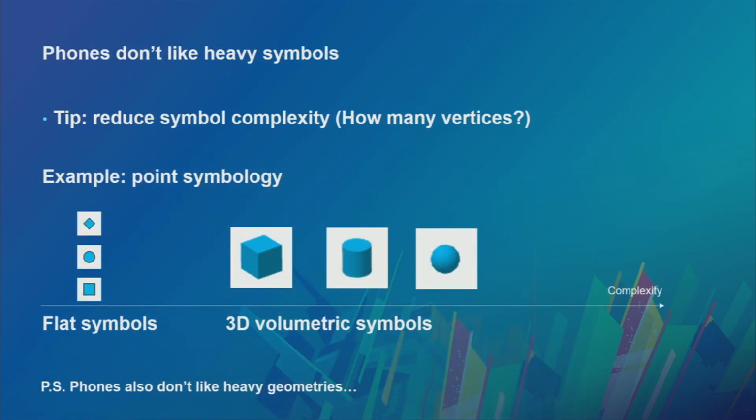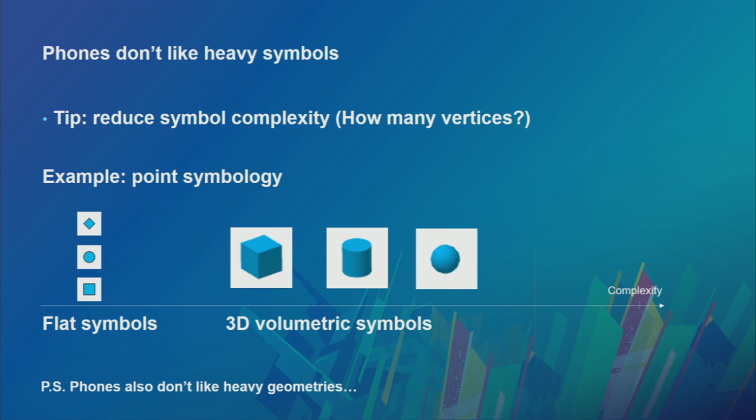The second tip is that phones don't like heavy symbols. So in 2D, for points, I'm just taking the basic example here, you will have icons, right? So it's like an image, basically. In 3D, we have icons too. We call them flat symbols. So one thing is, how do you measure symbol complexity?